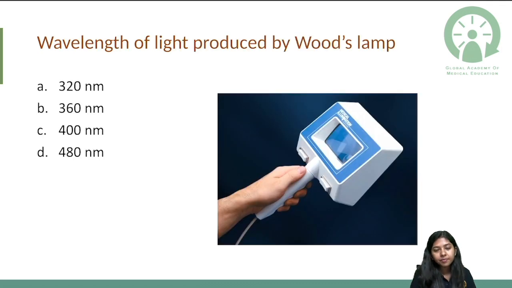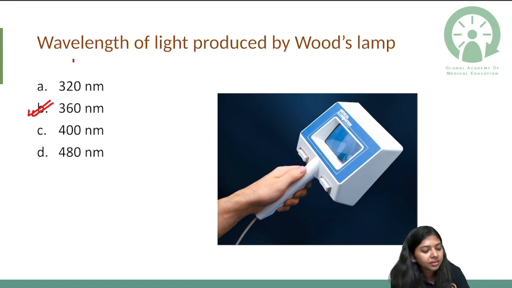Let's revise Wood's lamp, very important question. So, Wood's lamp is a very handy investigative tool, okay? It has a peak wavelength of 365 nanometer, okay? And what does it have? It has a low output mercury lamp fitted over a filter, which is called Wood's filter, after the scientist.